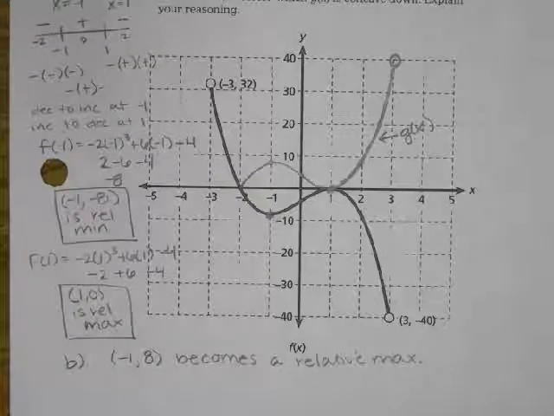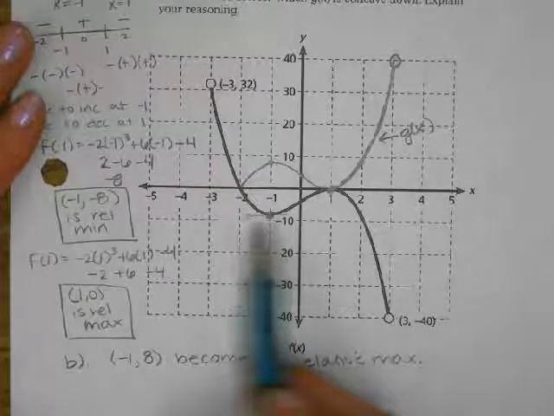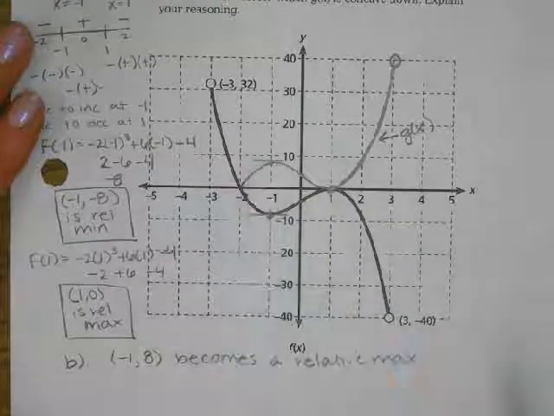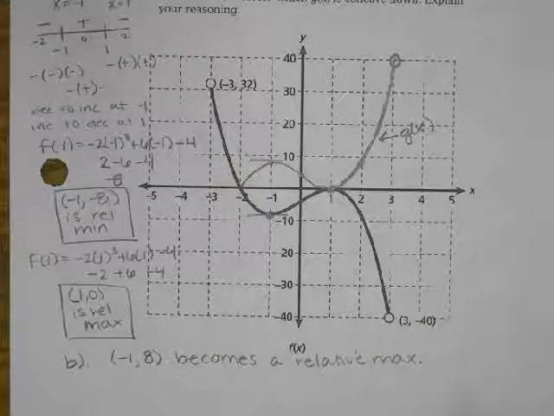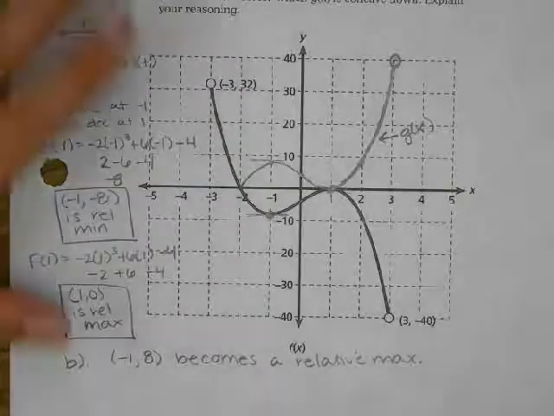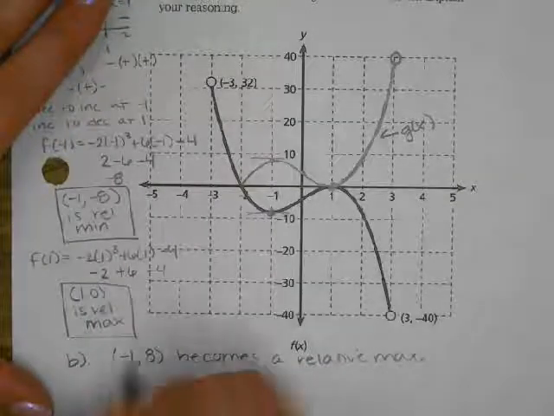The reason for this is you're still seeing horizontal tangents here, right? That's still a horizontal tangent line. But the increasing and the decreasing intervals have changed now that your y values have changed. So I wrote they still have horizontal tangents, so they're still extrema.